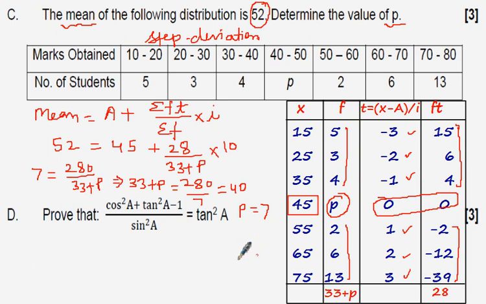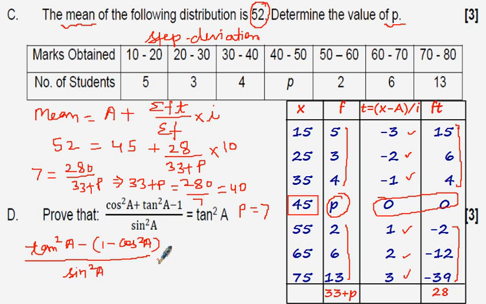Here you can simply write tan square a minus 1 minus cos square. That is the trick, because your right hand side is demanding sin square a upon cos square a, or 1 minus sec square minus 1. So sin square a.